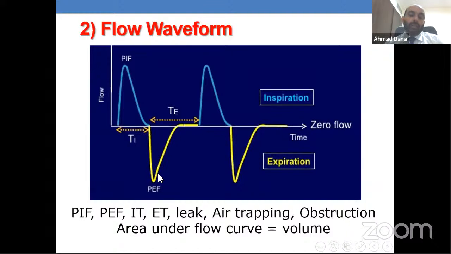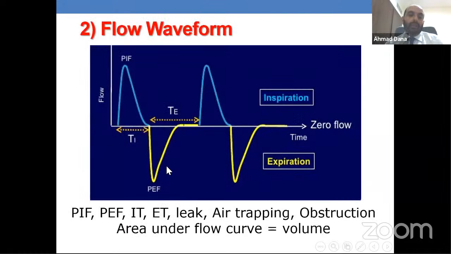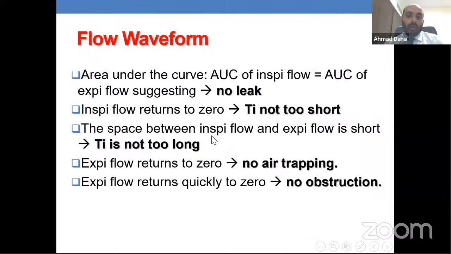If the expiration is not reaching 0, this can cause air trapping, and if it is reaching 0 but takes a long time, it means there is some obstruction. So these are the important things. If the flow waveform is normal, this means no leak, you are giving proper I time, and no trapping, no obstruction.